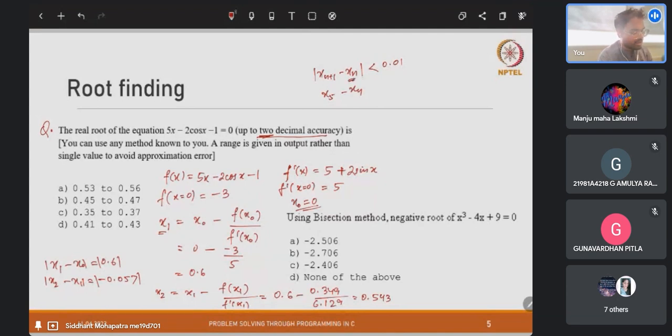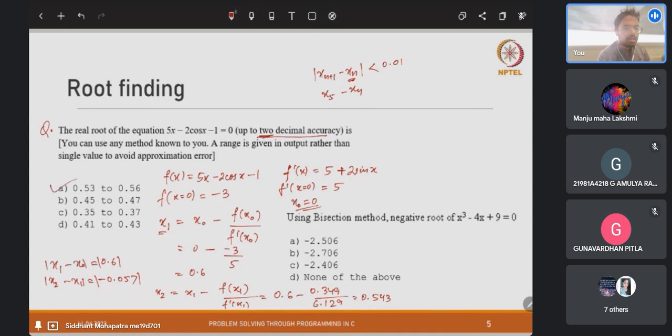Here however, you don't need to calculate a lot of steps, because a range is given and you will be able to figure out what the range is. And because the Newton-Raphson method converges pretty fast, if you do maybe one more iteration after this and see that the value is not changing much, so it remains 0.5354 something of that sort, you can straight away say that option A is the answer.